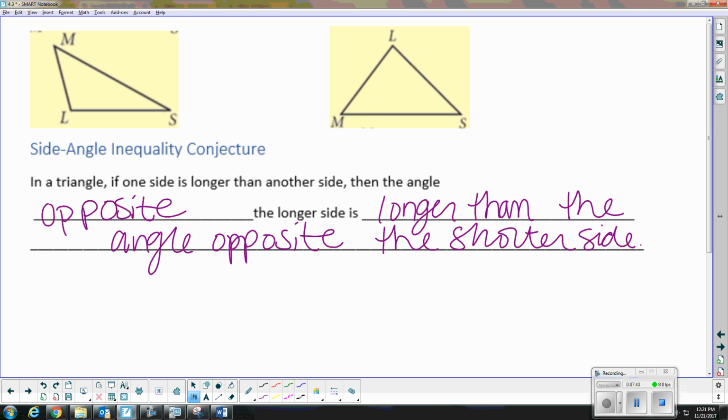So if you wanted to do this little experiment, you could draw any scalene triangle, any triangle that has one side that's longer than the other. So in this example, MS is longer than LM. So if one side is longer than the other side, then the angle opposite the longer side, so that's this angle, angle L, is opposite the longer side.